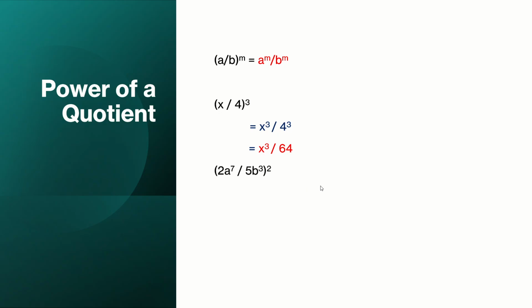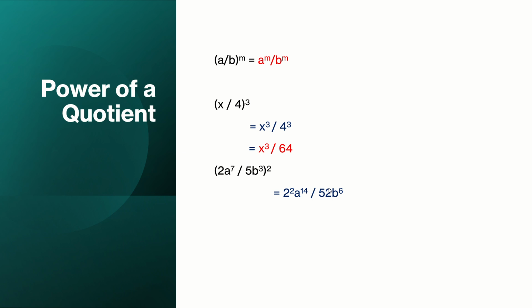Another example is (2a^7 over 5b^3) raised to 2. Now what you're going to do is apply the exponent again. Therefore, 2 squared, and multiply the exponent in the exponent. Therefore, 2 times 7 is 14. So a^14 over 5 squared b^6.